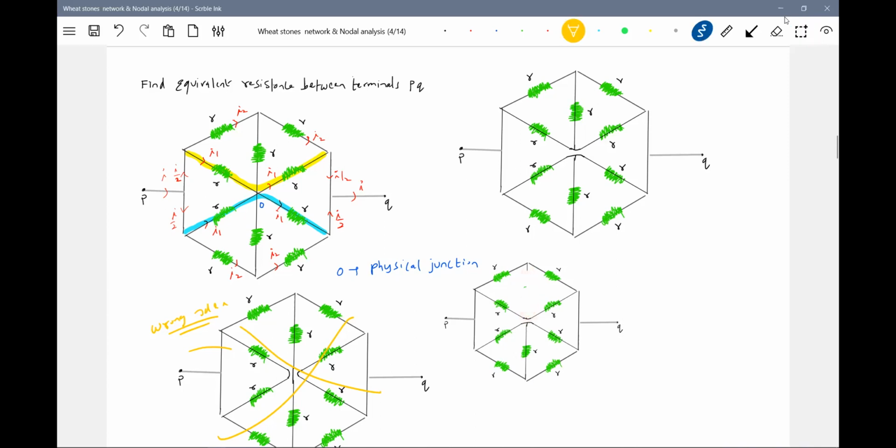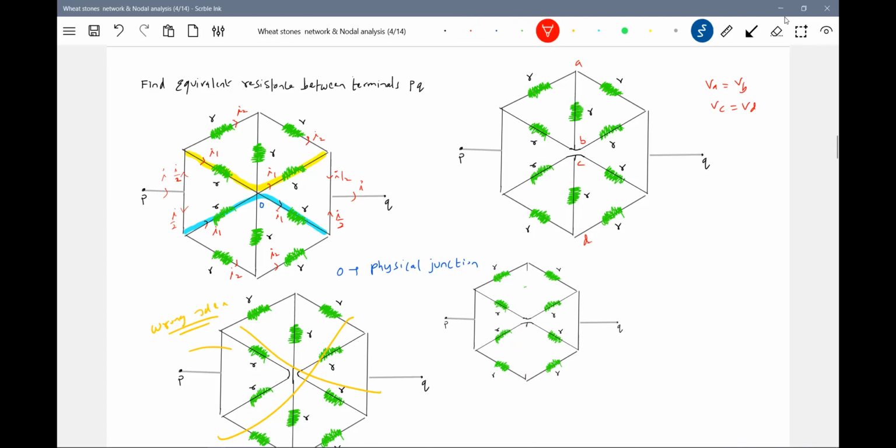Because the potential at this point, I'll write AB, CD, VA equals VB. Similarly, VC equals VB. The reason is that the ratio of these two arms is equal to the ratio of these two arms. So these two points are at the same potential, and any resistor connected between them can be removed. So you can see now.